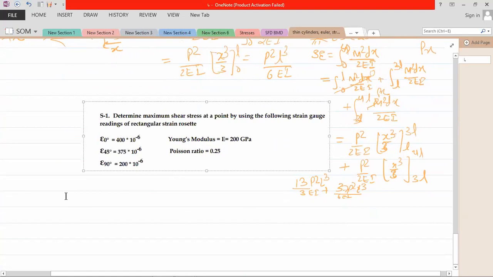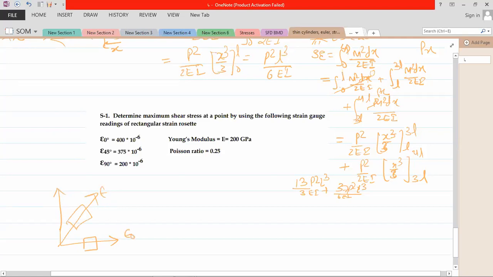So first of all, it is given that your strain rosette at 0 degree, at 45 degree, and at 90 degree, E0, E45 and E90 is given, and this is called a rectangular rosette.